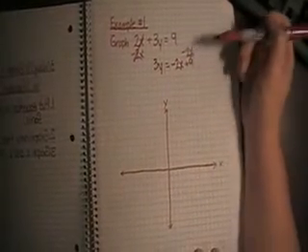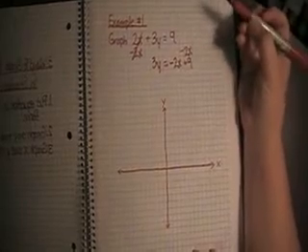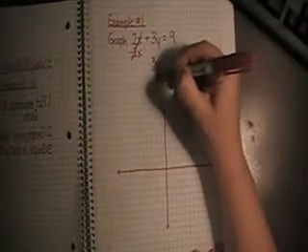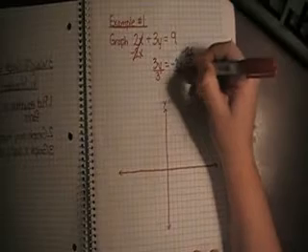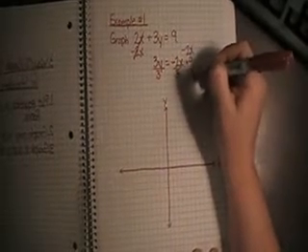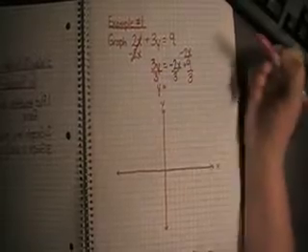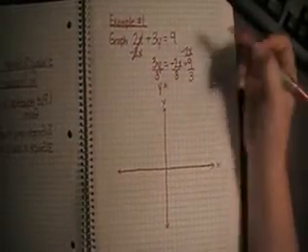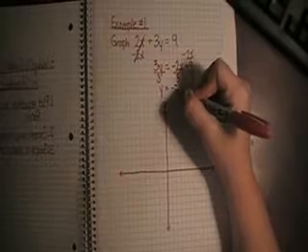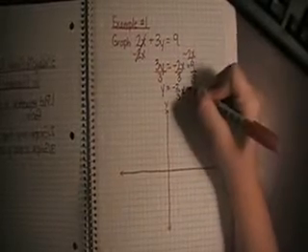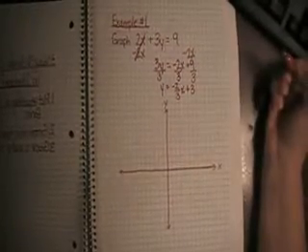Since those are not like terms, you do not combine them. Last, we're going to divide both sides by 3. And when you do that, you have to divide each term by 3. So your equation in slope-intercept form is y equals negative 2/3 x plus 3.